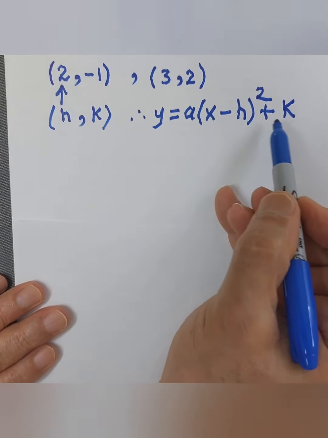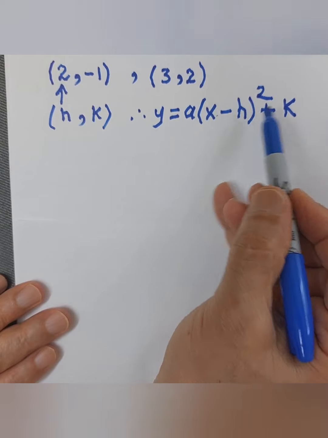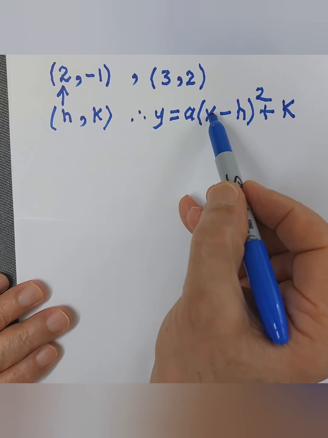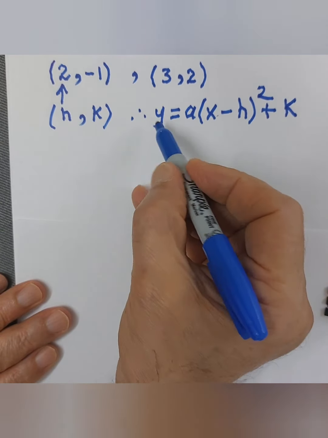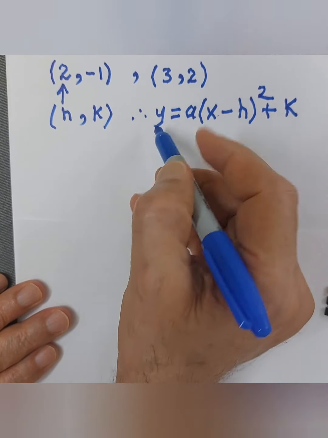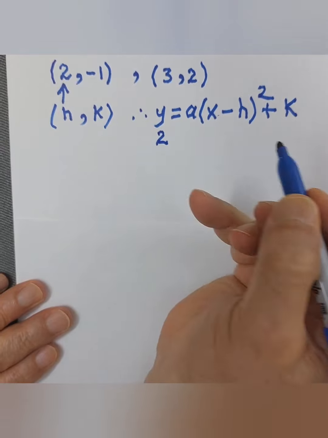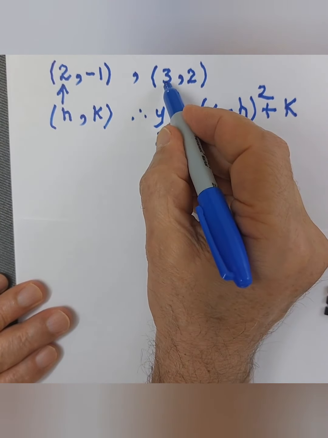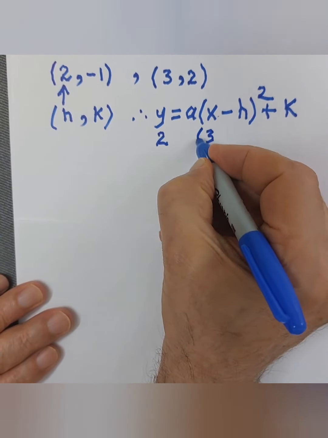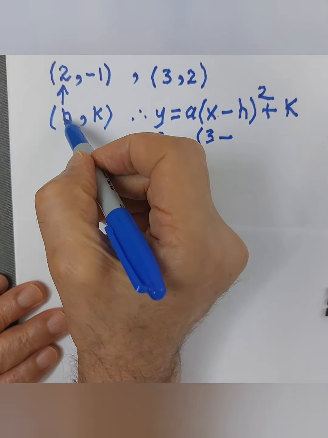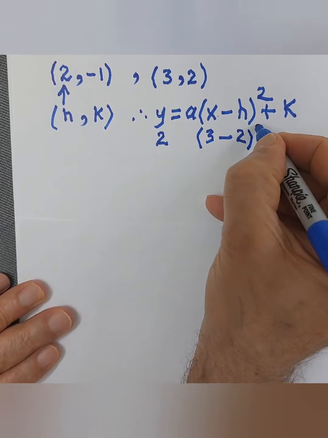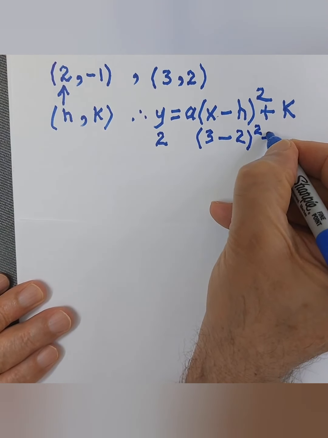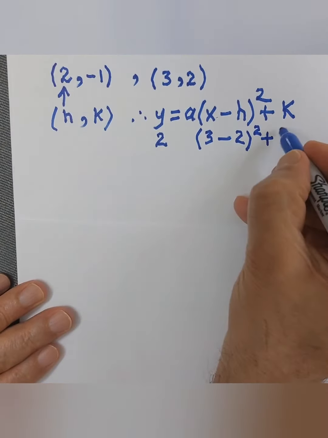Then we make substitution about these symbols to find the value of a. Y is considered as 2. X is 3. H is 2 also. Square is here, plus k is minus 1.